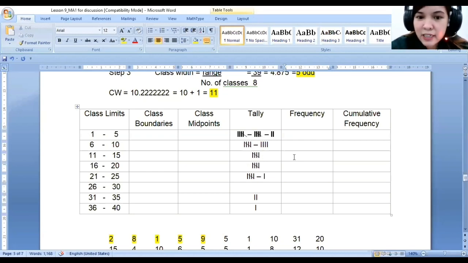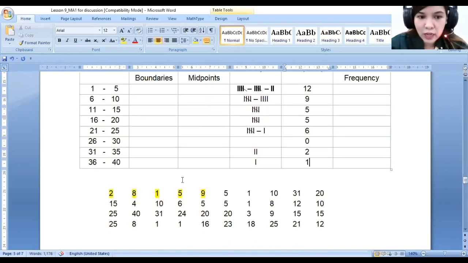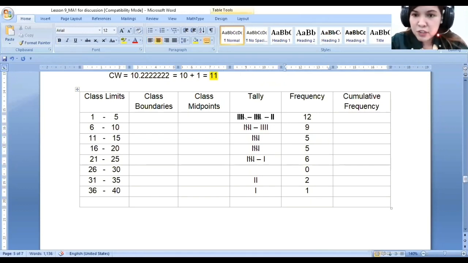So, after mo magtali, kailangan mong ilagay yung total dito. So, ilan ba yung una? 12. Yung pangalawa, 9. Pangatlo, 5. Then 5, 6. So, ito, wala siyang frequency. So, 0, 2, then 1. Then, get the total. Ayan. You need to show the total, ha?